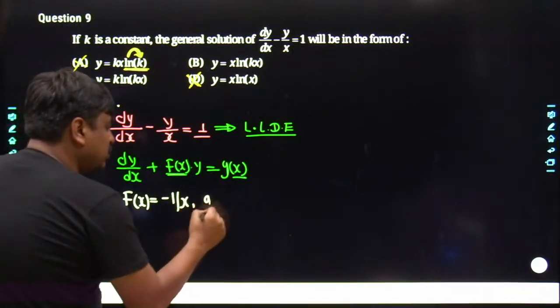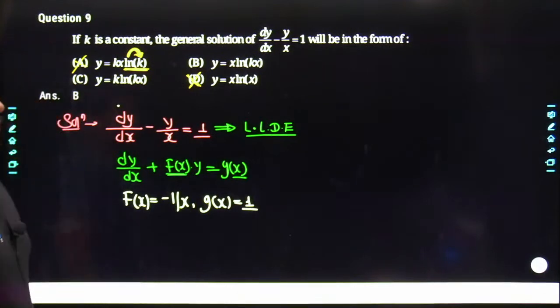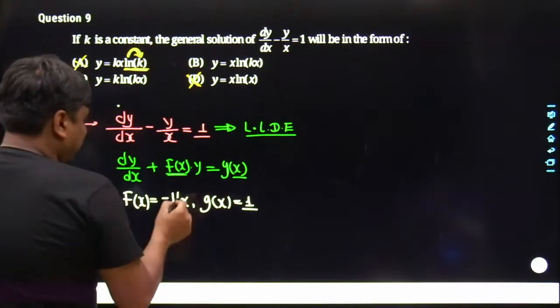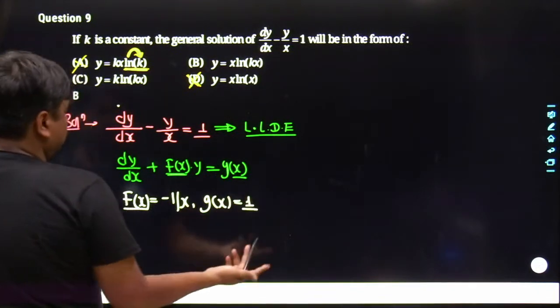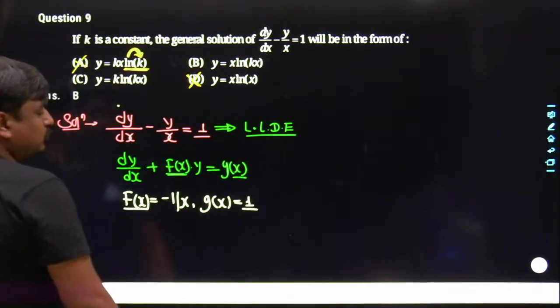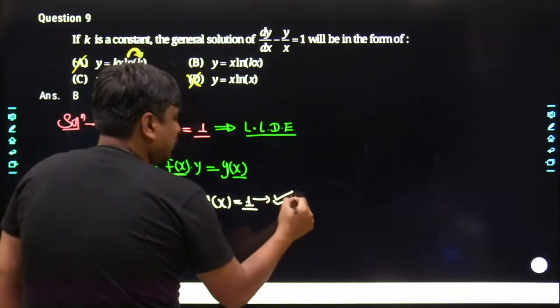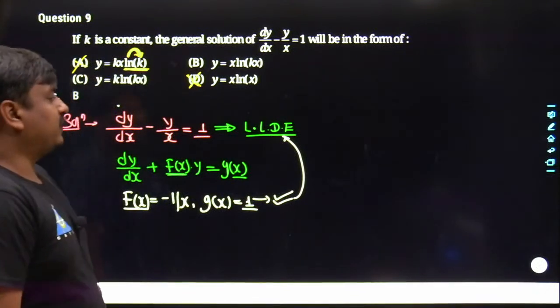So even g of x is 1. Is it meeting my requirement? Obviously, sir, it is meeting my requirement. It is a pure function of x alone, and even a pure constant. It could have been a function of x also. Obviously it would be categorized under the Leibniz form of the linear differential equation.